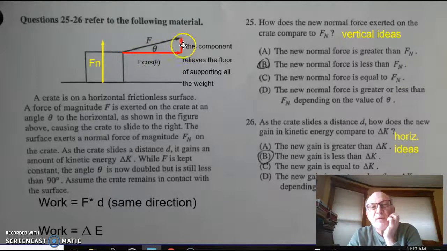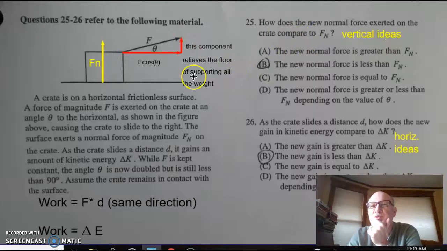So this vertical component here, which would be F times the sine of theta, will kind of share with Fn the supporting of the weight of the crate. Okay, so there are some vertical ideas here and there are some horizontal ideas here. Let's take a look at question 25, which is definitely a vertical interpretation of this problem.